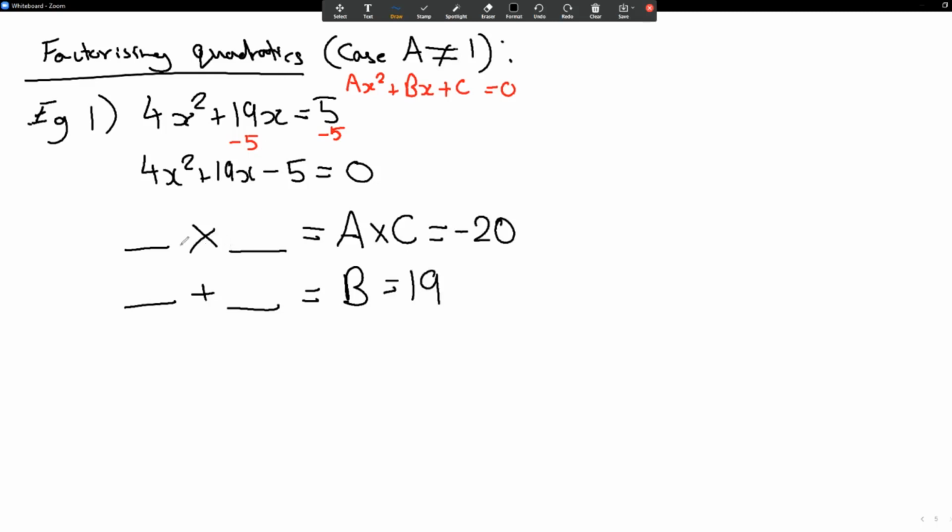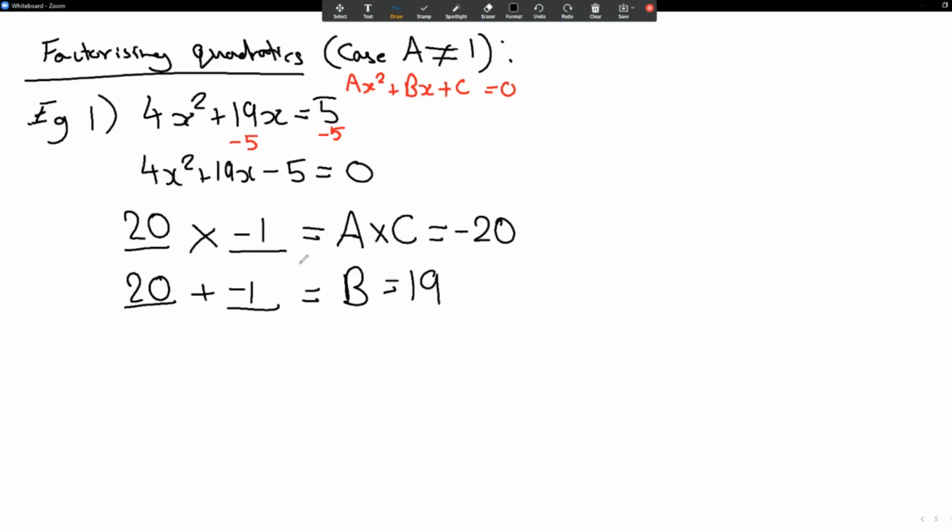So we want to find two numbers that multiply together to give minus 20, that add to give 19. Well, if you think about it a little bit, you could eventually come to the conclusion that it's 20 multiplied by minus 1, and 20 plus minus 1.